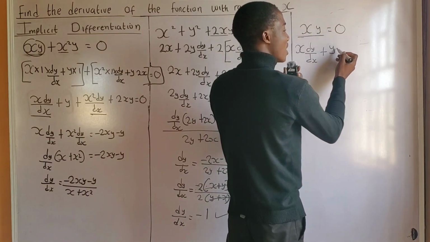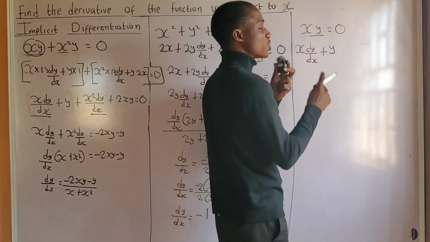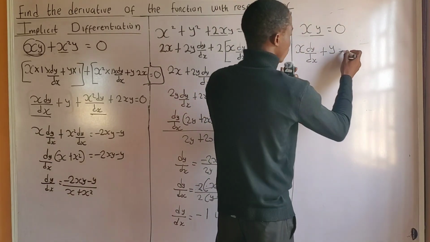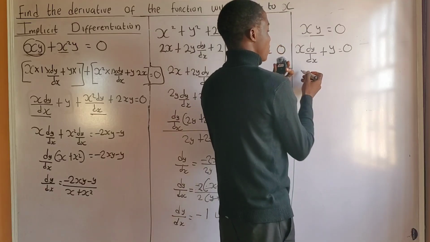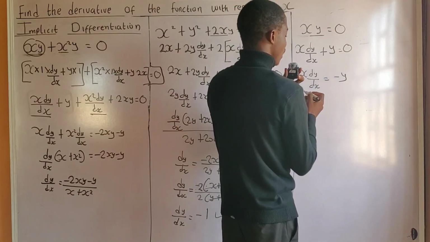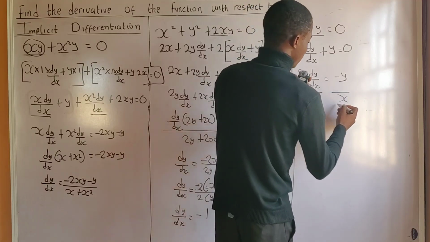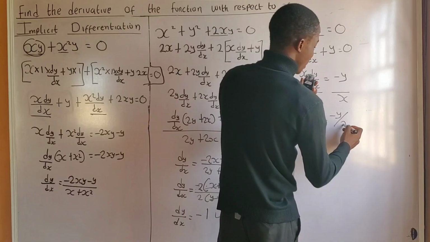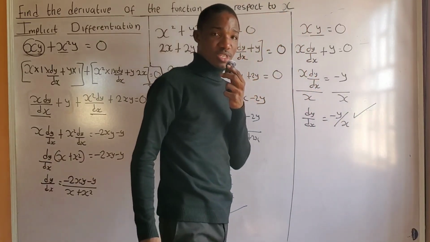I'm going to have y times 1. If you differentiate x, you're going to have 1. 1 times y is what? y. So this will be equal to 0, okay? Now for this, I'm going to have x dy over dx is equal to negative y, all over x. dy all over dx is equal to negative y all over x, which is the final answer. Do you understand?